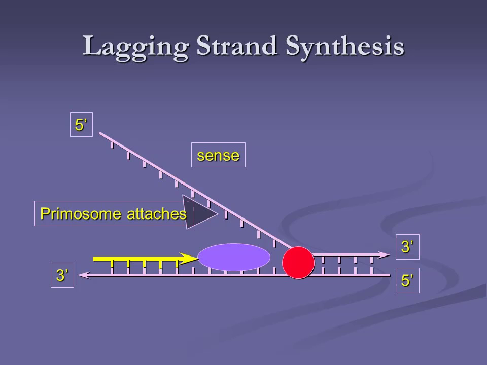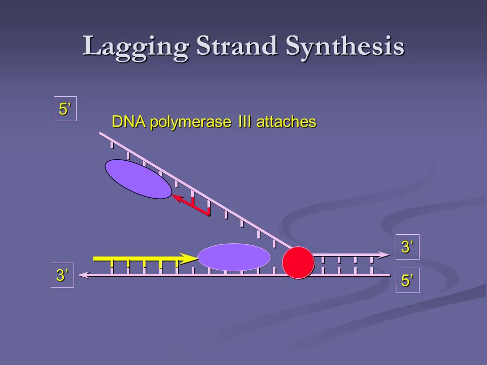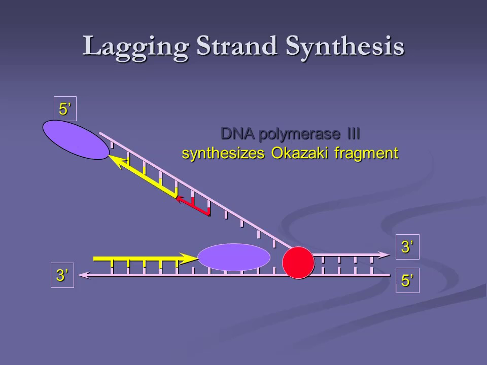It attaches. It makes its RNA primer, which in this case we've illustrated in red. Then primase pops off, and here comes DNA polymerase 3 that's going to extend the strand. Yellow is our new strand of DNA, our Okazaki fragment that's only associated with the lagging strand.